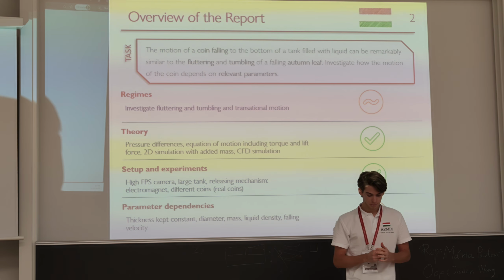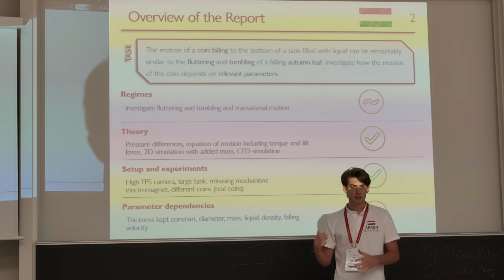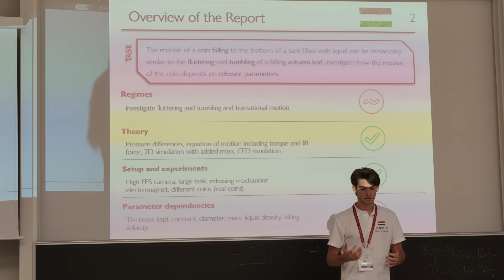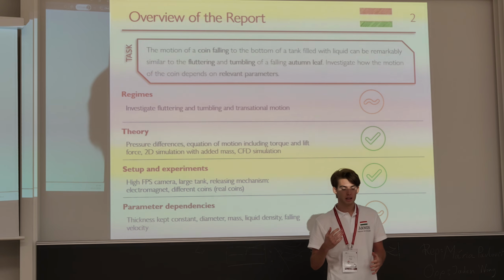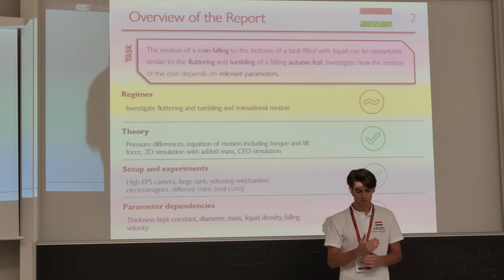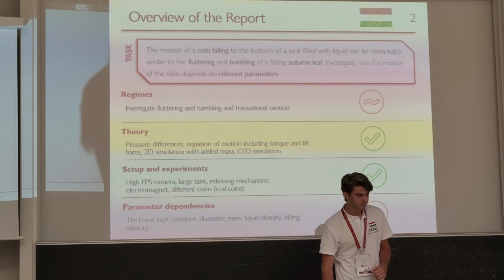And for the parameter dependencies, she varied the diameter most of the time, but I believe that does not only change the diameter, and because the inertia of the coin is very important, the results are not comparable in every case because of that.